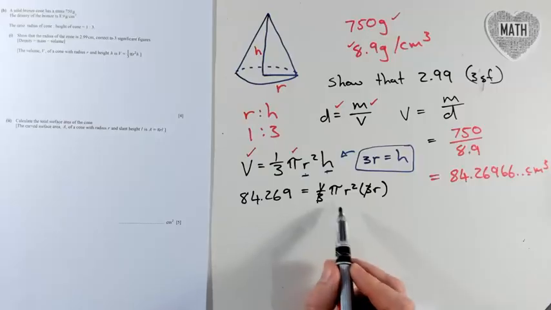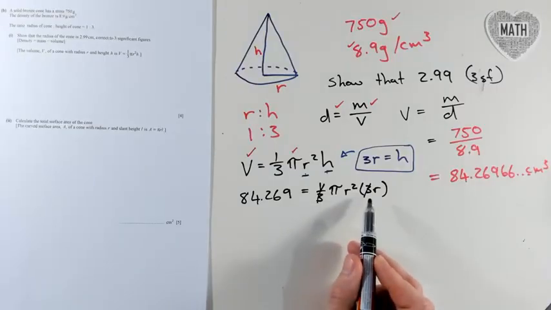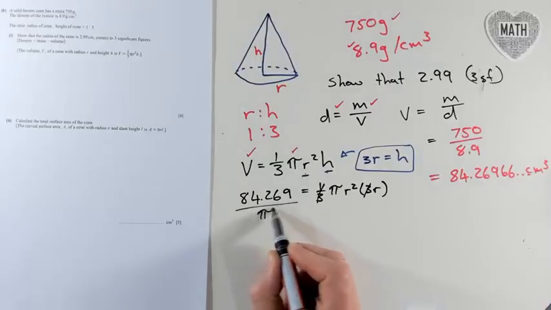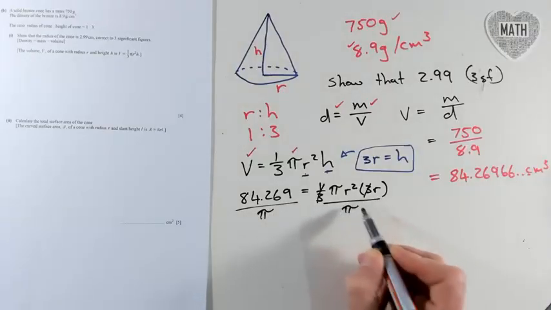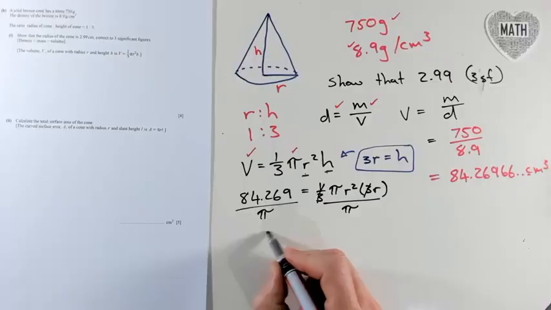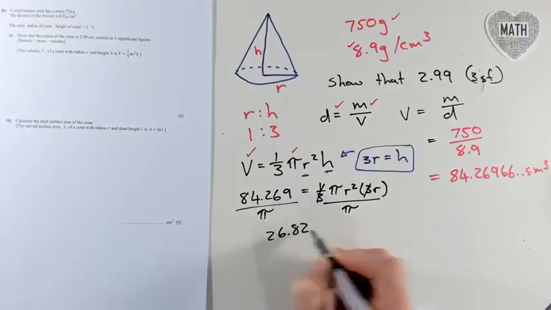And then we would be left with pi and r cubed, right? So basically, I'm just going to divide both sides by pi. Divide by pi. And then where's my calculator? Let's say 84.269 divided by pi gives me 26.82.